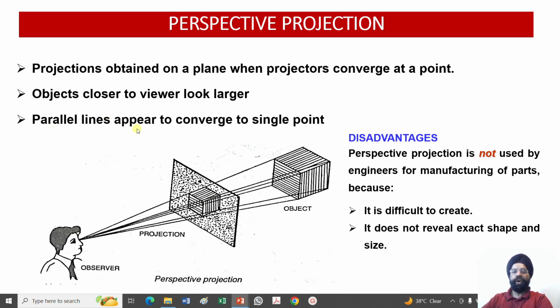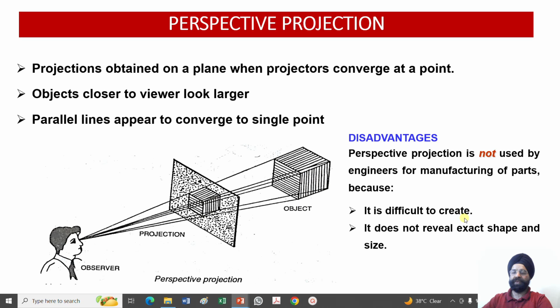Here all the parallel lines tend to converge at this particular point, so they don't remain parallel because of the limitation of the human eye. So the disadvantage of perspective projections is that they are not used by engineers or manufacturers for manufacturing of parts.